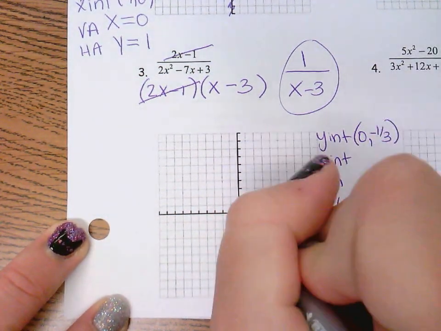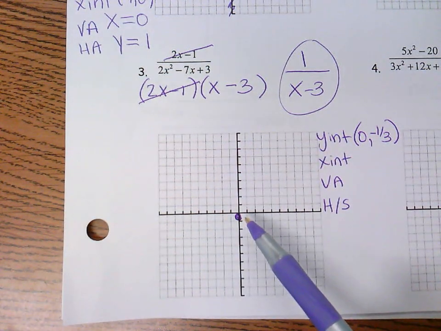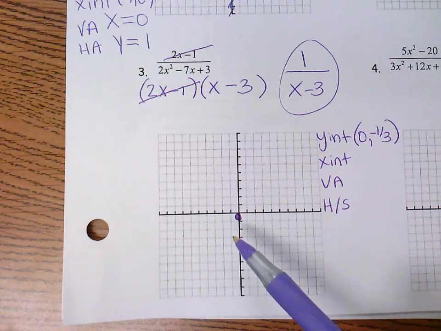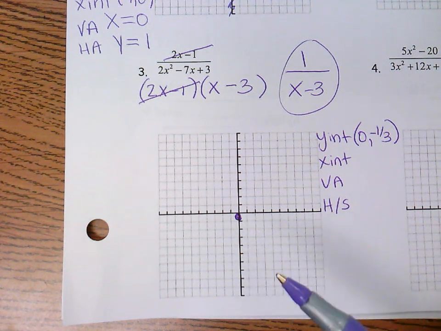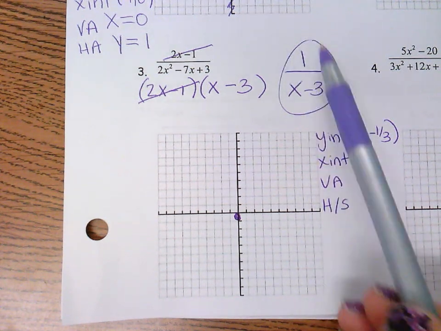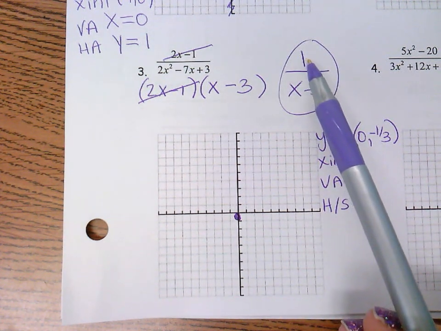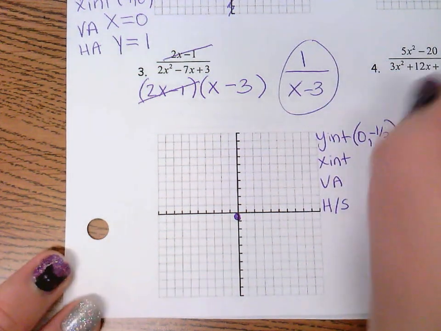I plot right there. So there's my y-intercept. What's my x-intercept? So if I set the numerator equal to 0, can I do it? In that case, there would be no x-intercept because this will never equal 0. It's always going to equal 1. So if there's no x value in the numerator, there's probably no x-intercept.